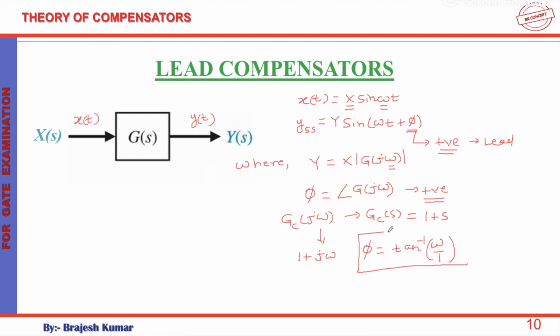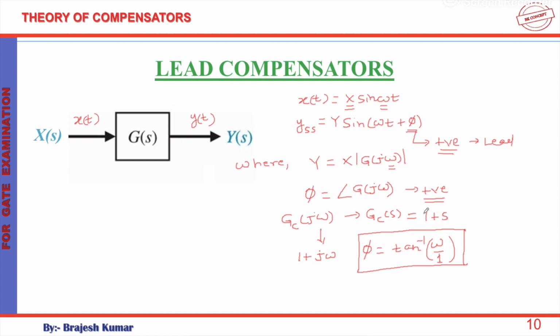Now, since omega is a positive quantity as it is frequency, and this 1 is already positive, this whole tan inverse, because tan inverse is an increasing function, will give a positive value for a positive argument, and this argument is positive, that's why phi will also be positive.